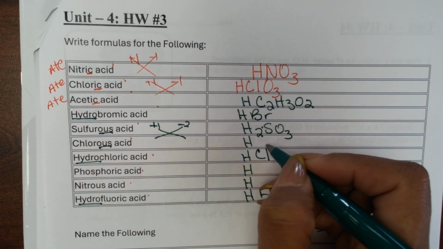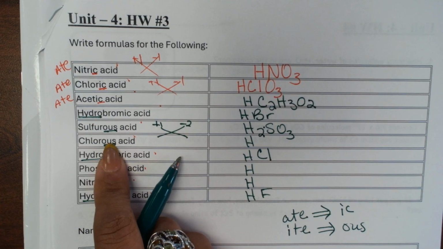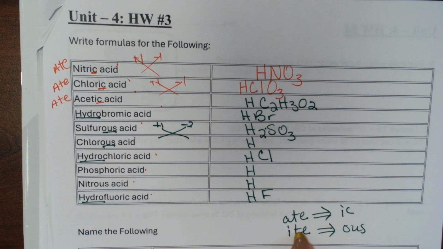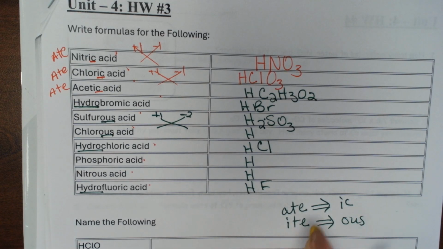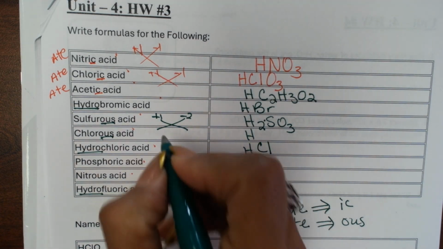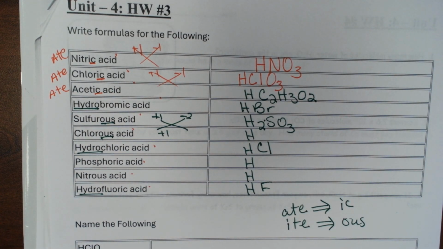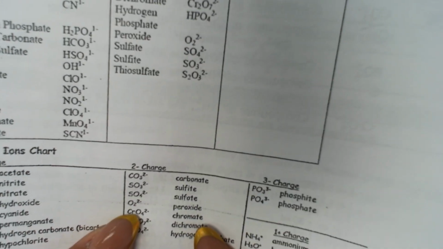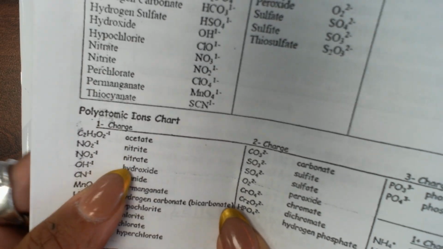Next one over here, remember how we just said there's no hydro, it ends in OUS, so that means I need to look for an ITE, and I need to see what charge it has. It's going to have a charge. I know hydrogen is a +1, so I need to come over here. This is going to be ClO, and it actually is ClO2.